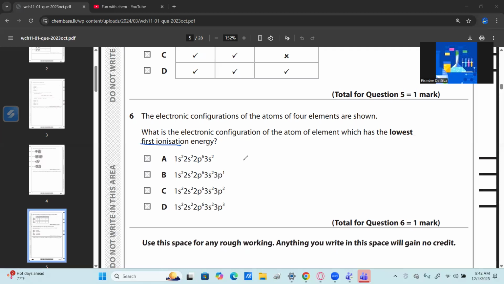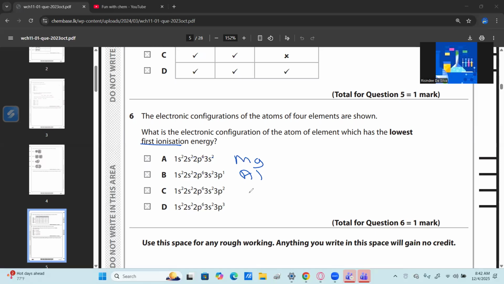Normally, if we take the elements, counting up to 12 is magnesium; up to 13 is aluminium; up to 14 is silicon; and up to 15 is phosphorus.